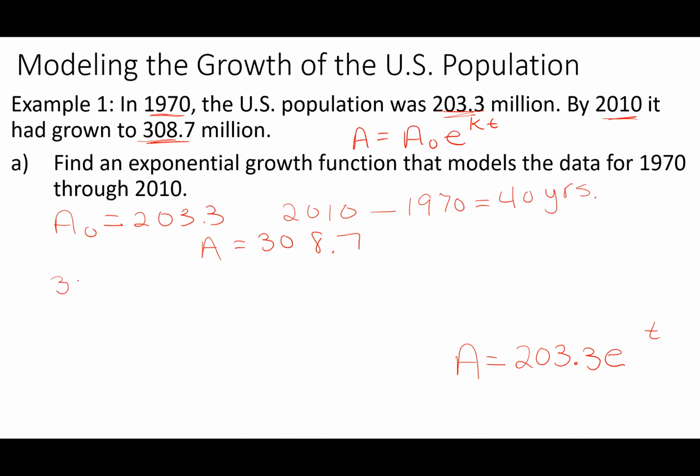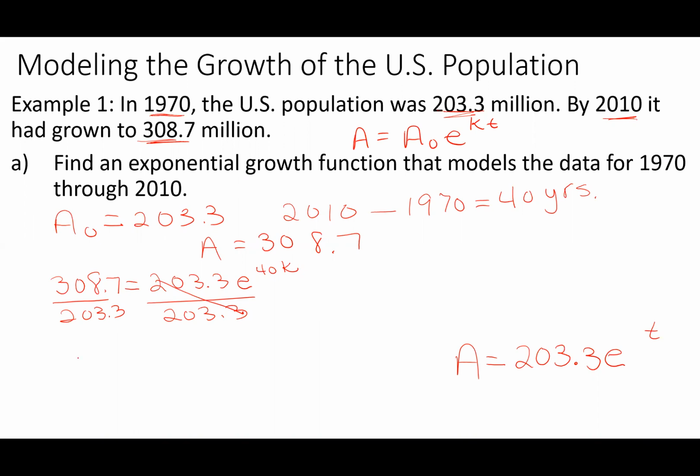So plugging in what they give me, 308.7 equals 203.3 e to the 40K. Divide both sides by 203.3. I wouldn't actually divide it and round it until the very end.